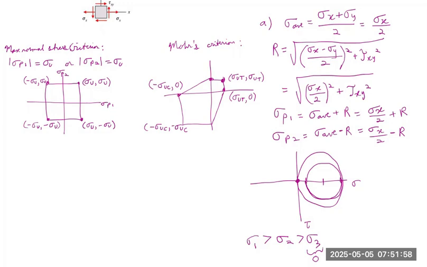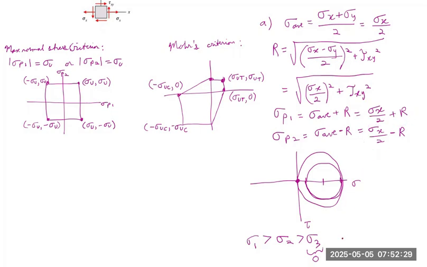So now we have these values over here. We can find which one is our sigma 1, sigma 2, and sigma 3. So sigma 1 is going to be our maximum value for normal stress, which is going to be principal stress 1, since sigma x over 2 plus R is greater than sigma x over 2 minus R, which is greater than 0.